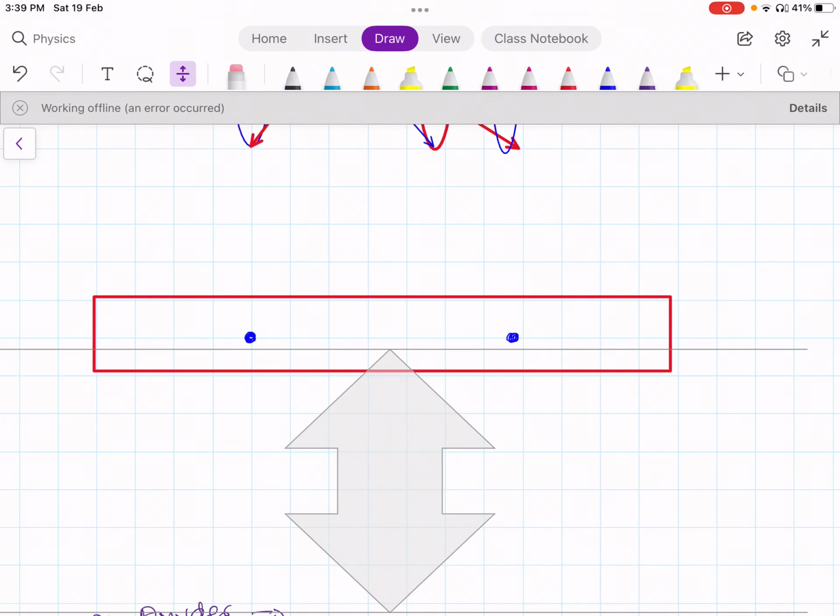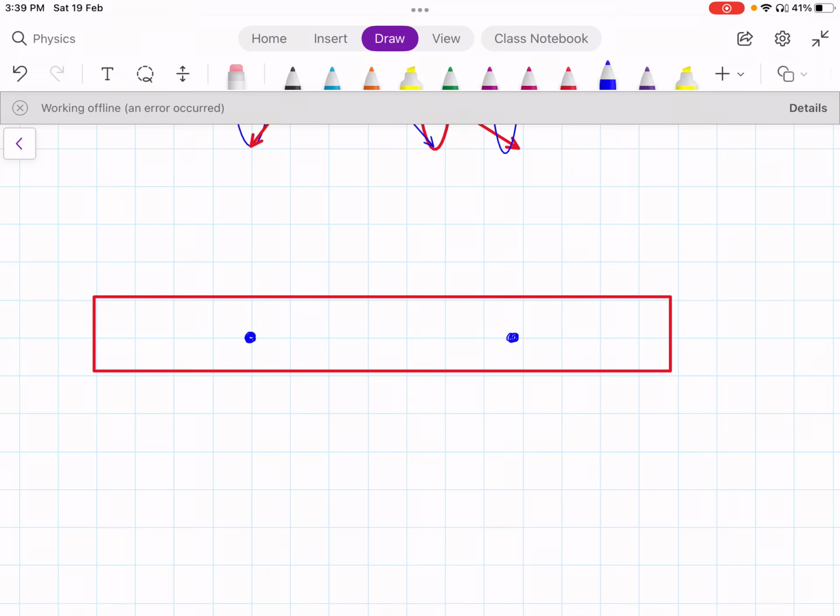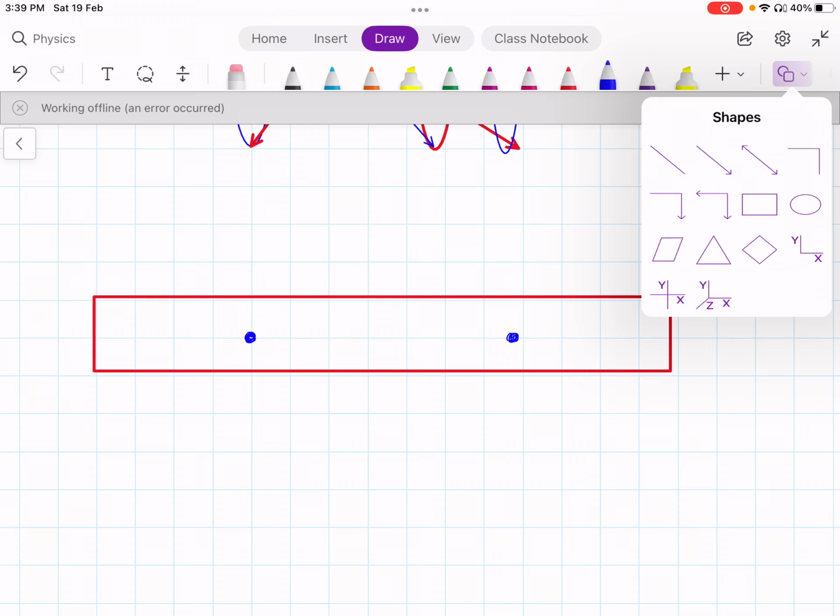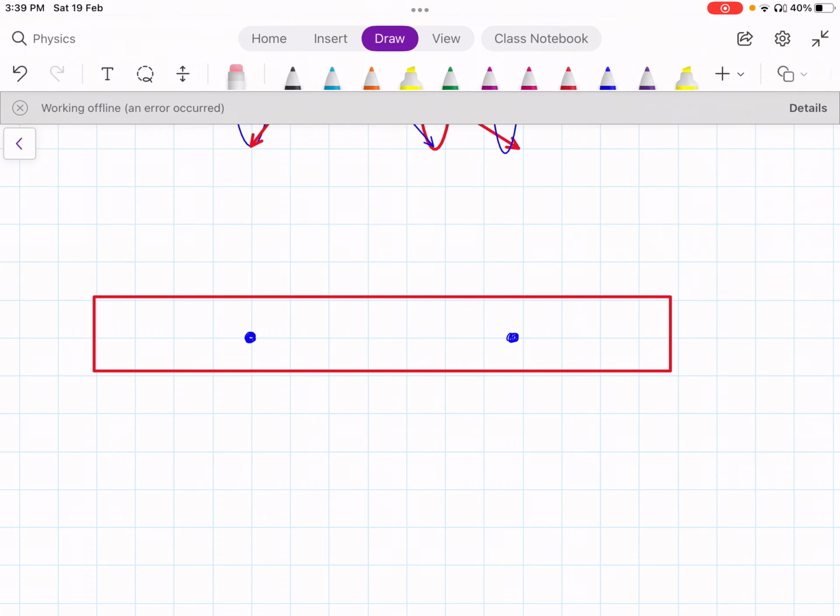And the distance between these 2 points, if r is the radius of that cylinder, is pi r. And around these points, we will get the cones.